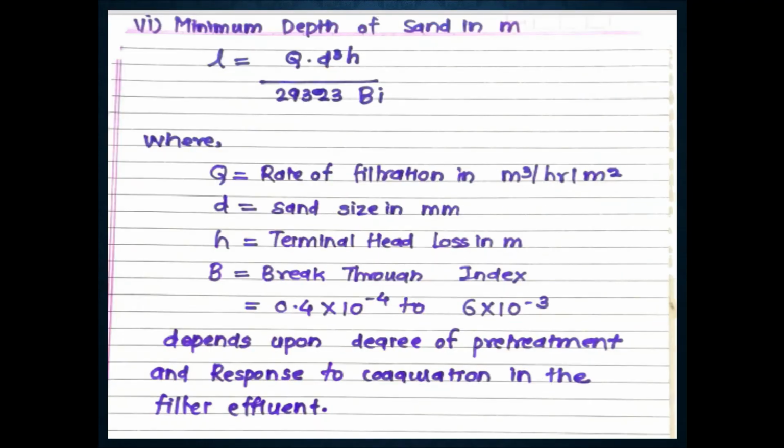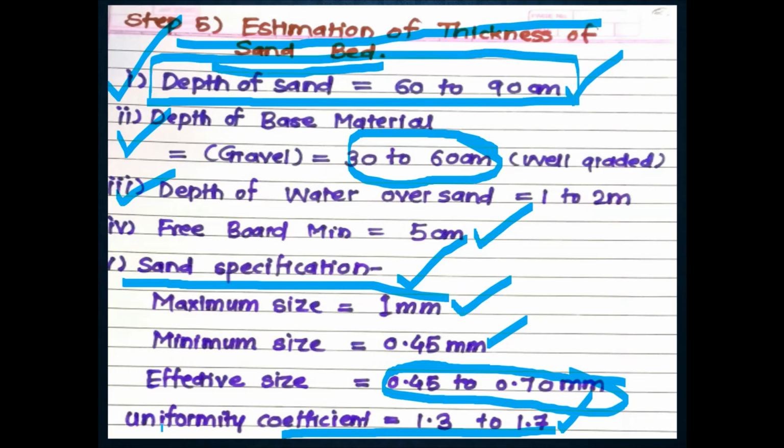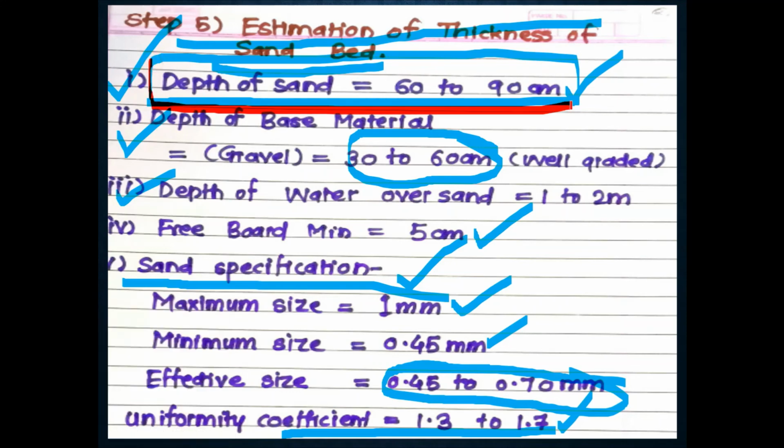Now, how are we going to calculate the minimum depth of the sand in meter? Remember, some of you have questioned why it is necessary to calculate the depth of the sand, why there is importance in calculating it. Because gravel will perform the work of filtration, but only to a smaller extent. The underdrainage system will not perform the work of filtration.